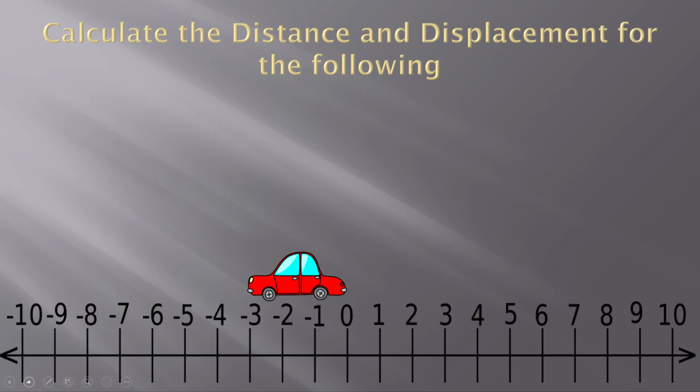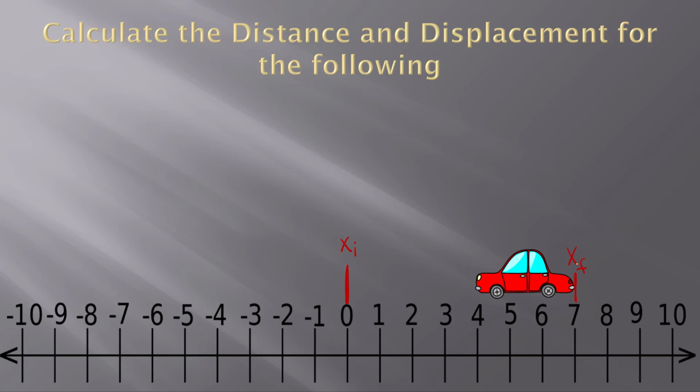So let's take a look here. We're going to go through 3 or 4 examples. On this one, if we want to calculate the distance and the displacement, first off, I'm going to mark off a few things, like I'm going to put this as the starting position. Let's find out where it goes. Okay, and it travels way over here. So that's its final position.